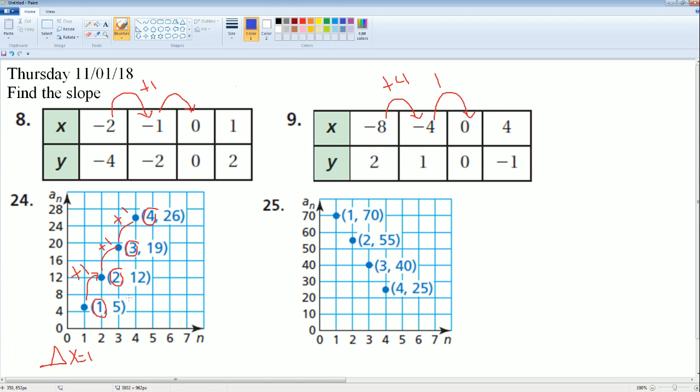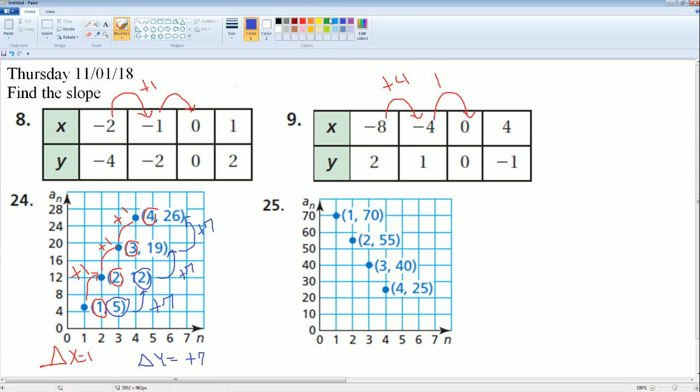How do I go from 5 to 12? You add 7. 12 to 19, you add 7. 19 to 26, you add 7. So we'd say my delta y is equal to add 7. There you go.